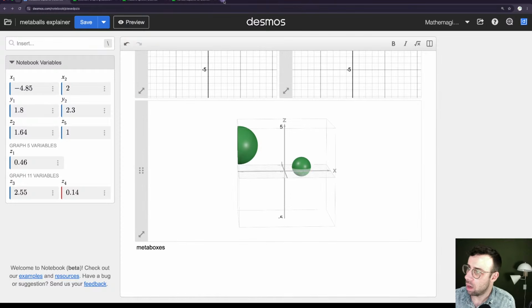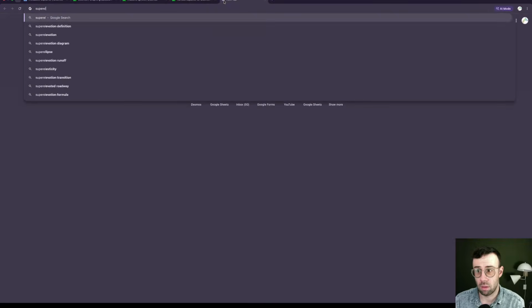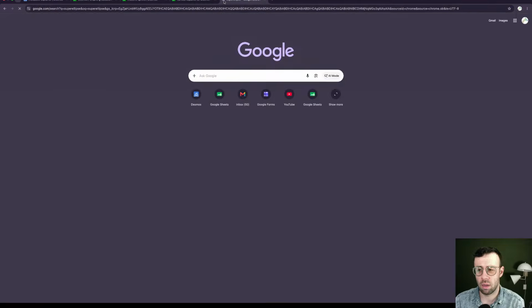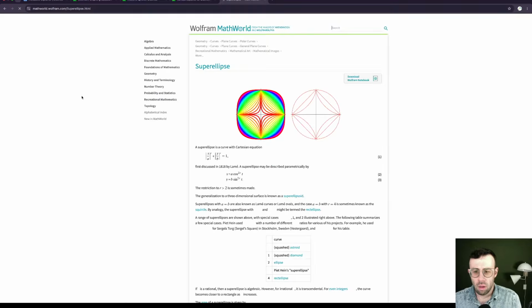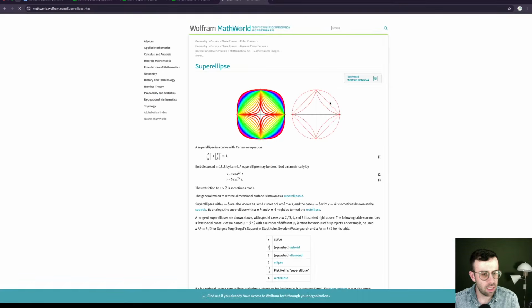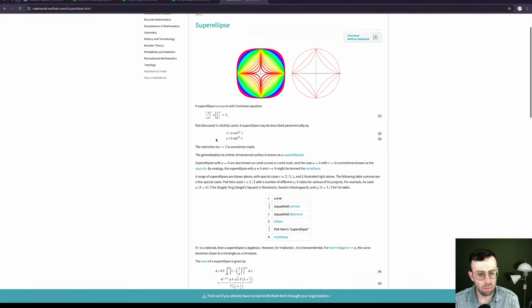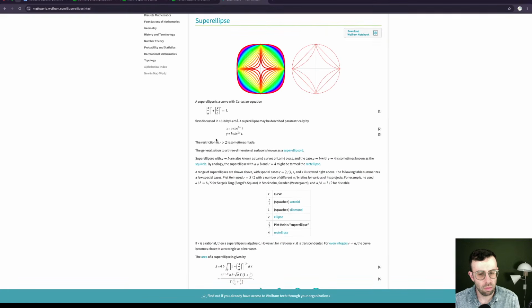Like the super ellipse equation, right? Kind of like this. Although this has absolute value.